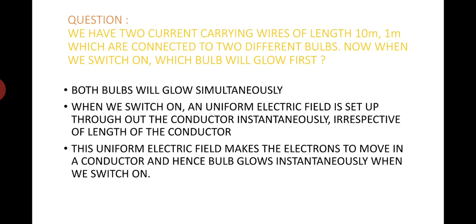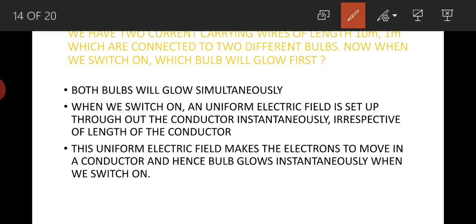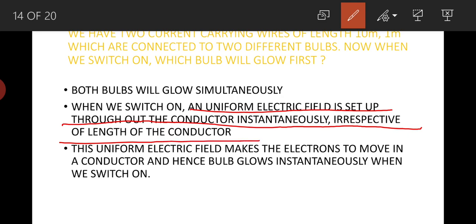Both the bulbs will glow simultaneously, because when we switch on, irrespective of the length of the conductor, a uniform electric field is set up throughout the conductor instantaneously. It does not depend on the length of the conductor.